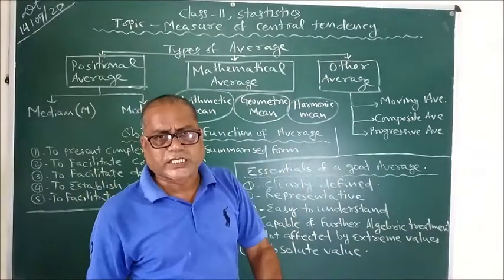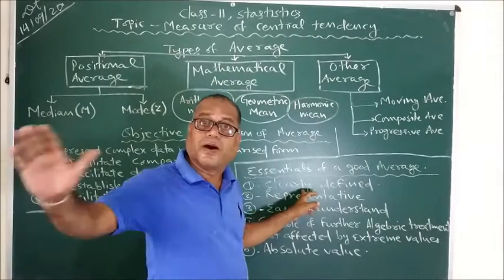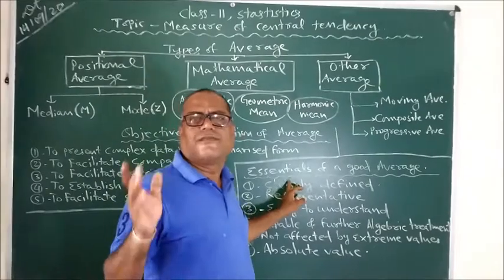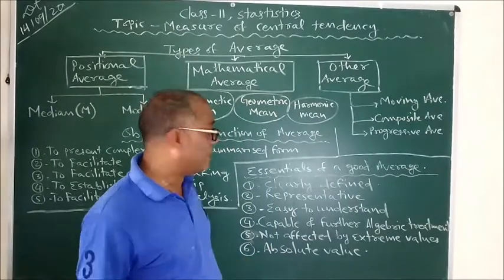If the result is always the same, then we can say that the process is clearly defined. Unless an average is clearly defined, it cannot be called a good average.